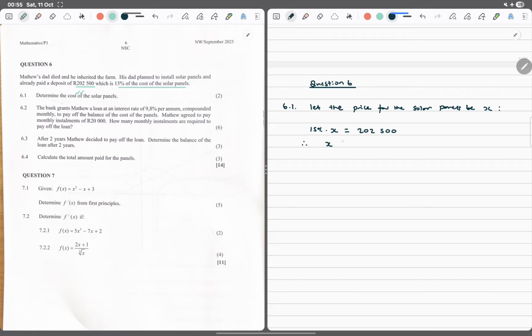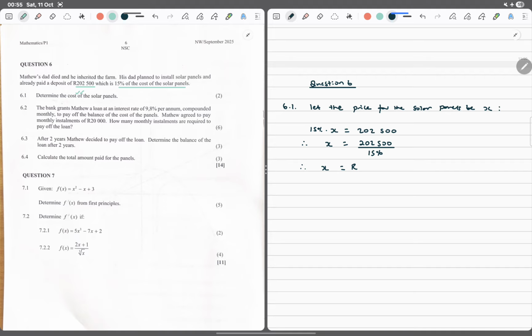So this tells us that X is going to be 202,500 divided by 15%. Okay. Therefore, X is this amount of money.